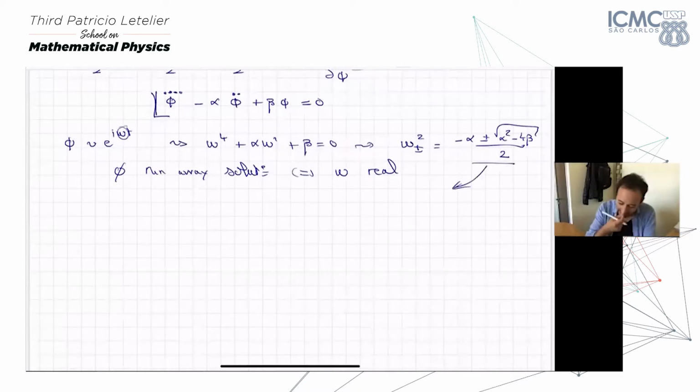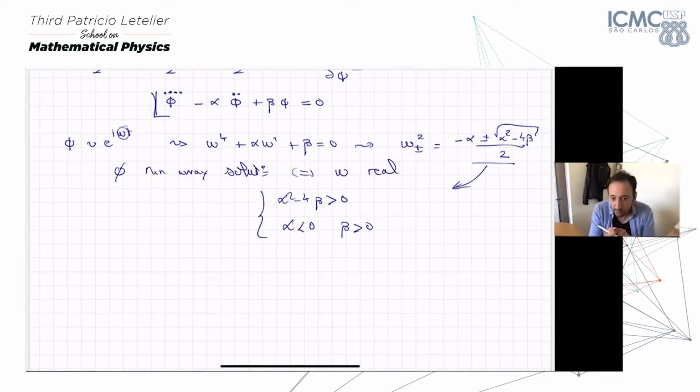Imposing that condition means that alpha squared minus 4 beta has to be positive, first of all. We need to impose that alpha is negative and that beta is positive. These are the conditions we need to impose in order not to have any instability, in the sense of a solution which runs to infinity. Now, let's rename this solution a bit.